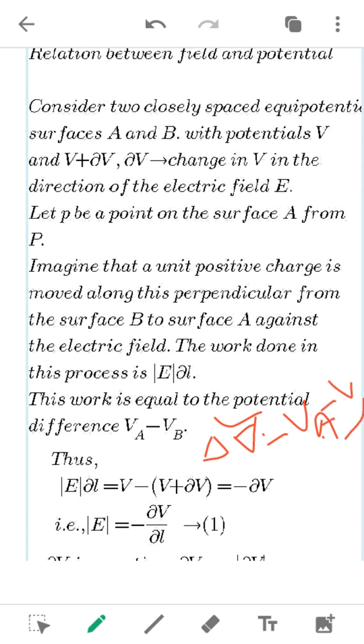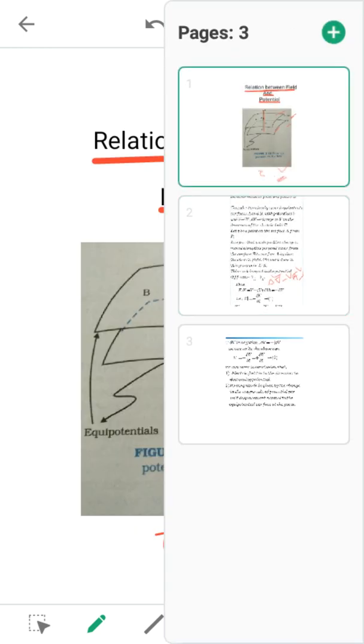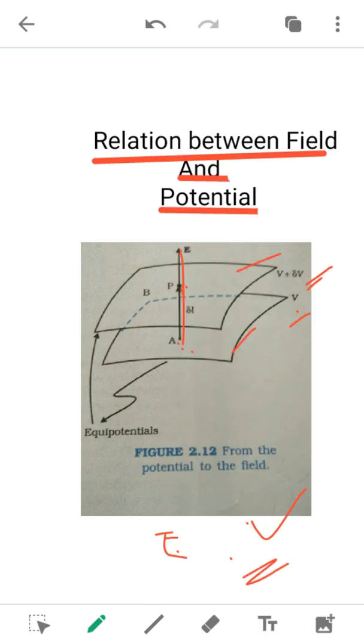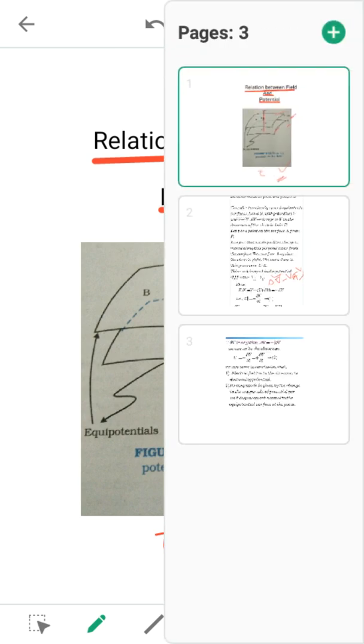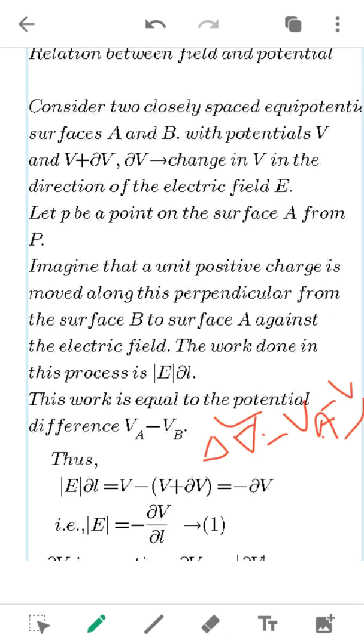Now, suppose there is a point charge Q at point A on the surface A, and this point charge Q is moved from A to point P, which lies on B. Some work has to be done. Therefore the work done is equal to the potential difference between the two surfaces.